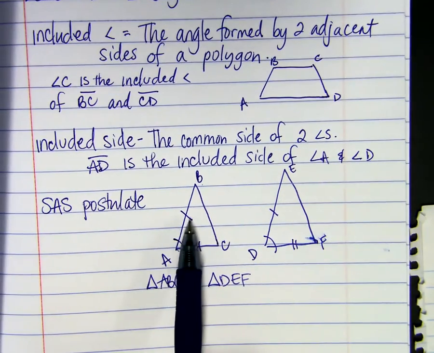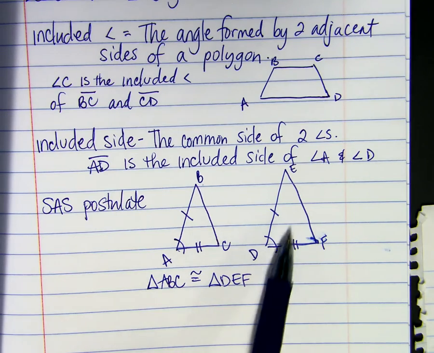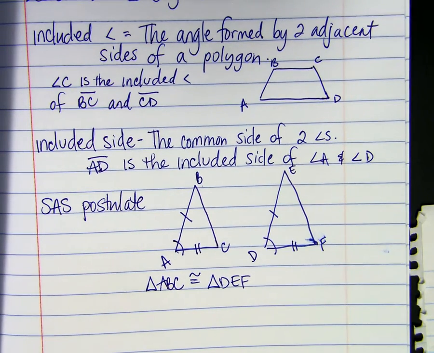So you have a side, an included angle, and the other side of that included angle congruent to another set there.